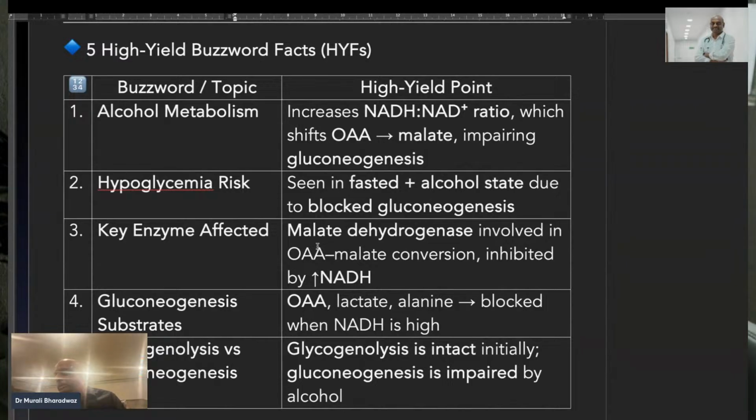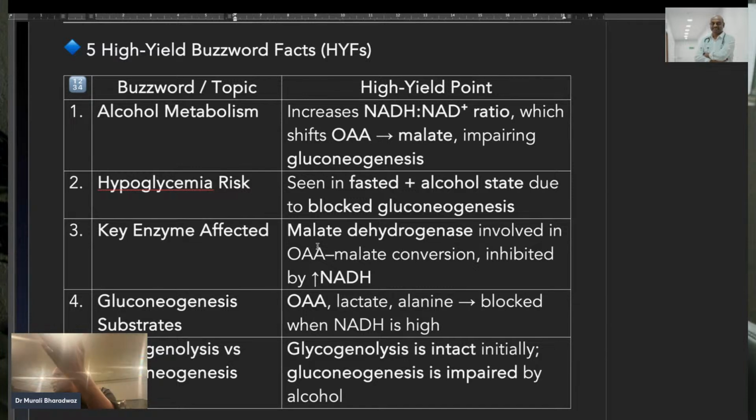Alcohol is converted into acetaldehyde, and acetaldehyde is converted into acetyl. Acetyl, when it passes through the citric acid cycle, will release NADH. So that is the reason alcohol becomes a source for NADH.